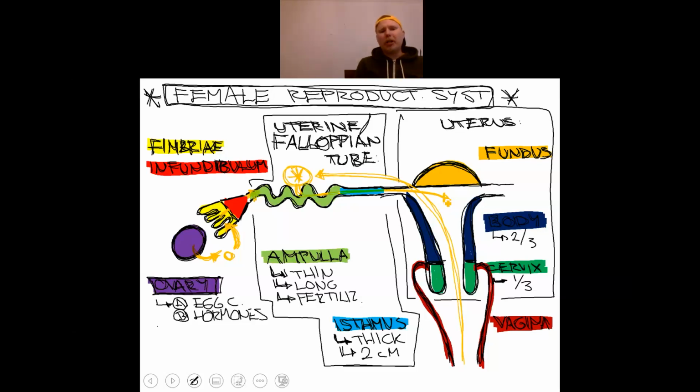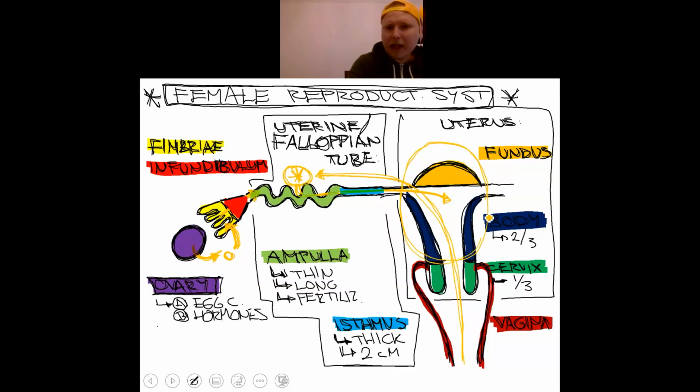And then my question next would be, where within the uterus do we want the fertilized egg cell to implant? And the answer would be within the fundus or the body ideally. So one of these two.